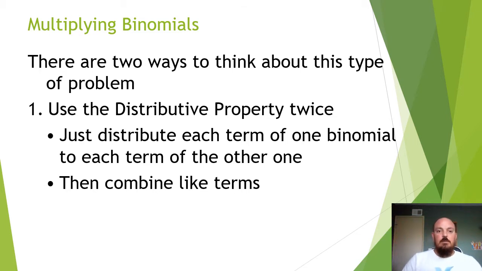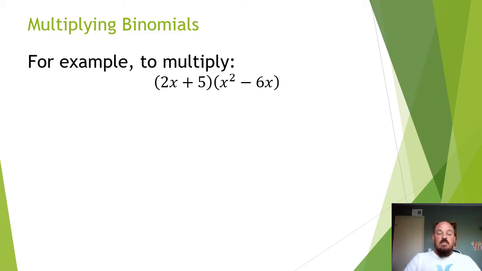So let's look at an example. Let's say we wanted to multiply 2x plus 5 times x squared minus 6x. And we are actually going to work this example out on the next slide, but right now what I want to do is just walk through the problem, talk about how we would solve the problem. So basically what I could do, let's say we're going to distribute the first binomial to the second one.